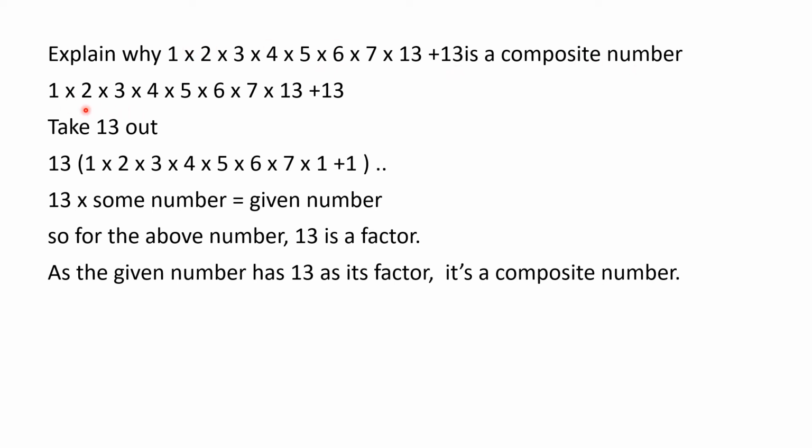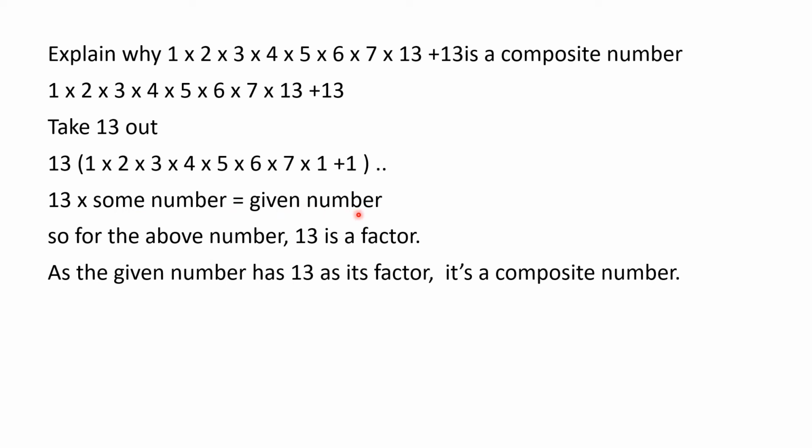For this, you take 13 outside. When you take 13 outside, you will get 1 into 2 into 3 into 4 into 5 into 6 into 7 into, this 13 will become 1, plus 1. So this will become 13 into some number, equal to the given number. You see, what is a prime number?